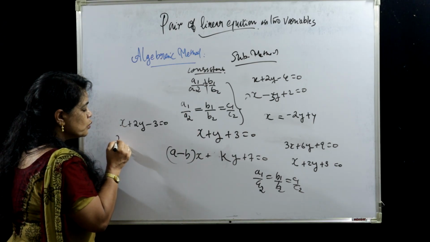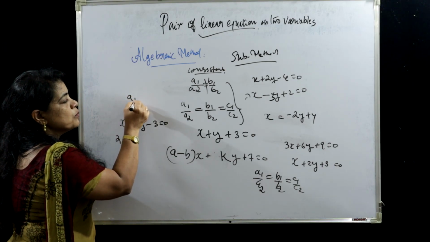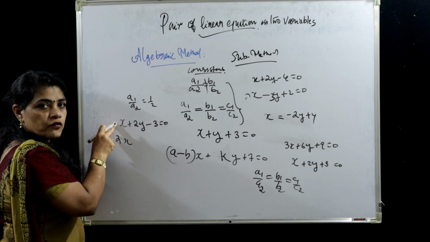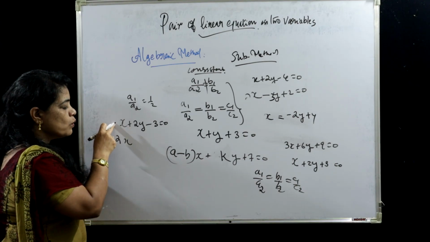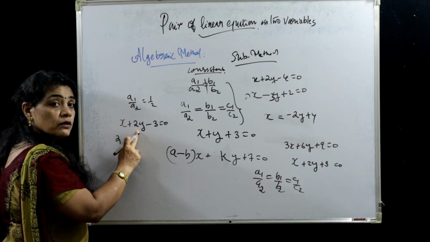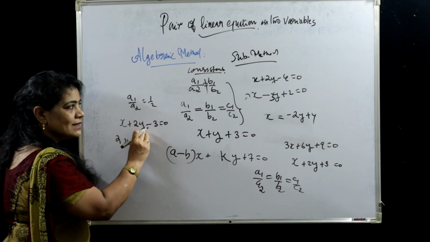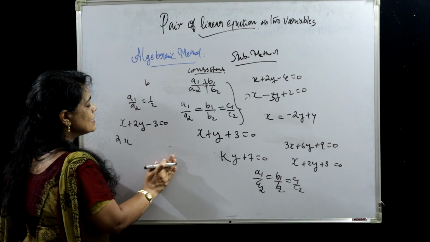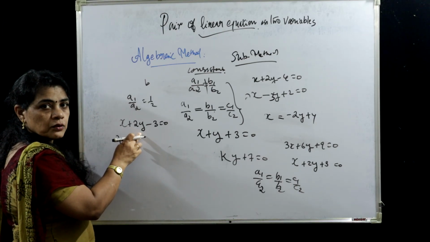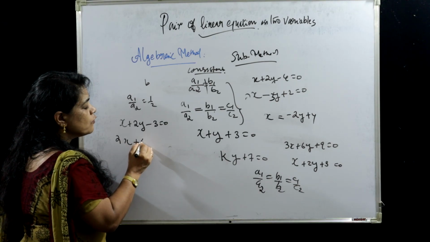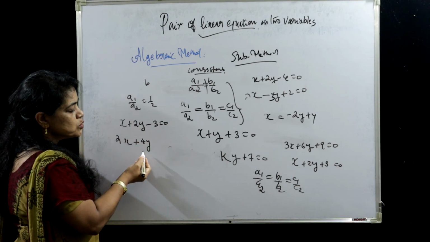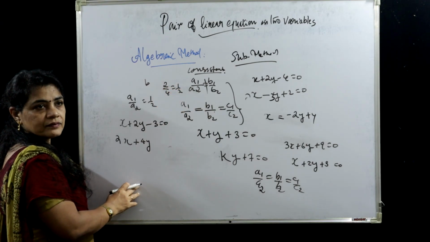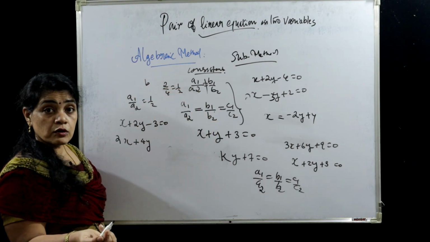If I take 2x, then a1 by a2 equals 1 by 2, where a1 is the coefficient of x in the first equation, that is 1. So you have to make b1 by b2 also 1 by 2. Here b1 is already 2, so I have to divide it with 4y. What happens? 2 by 4 is also 1 by 2, right? And c1 by c2 for the constant is also 1 by 2.